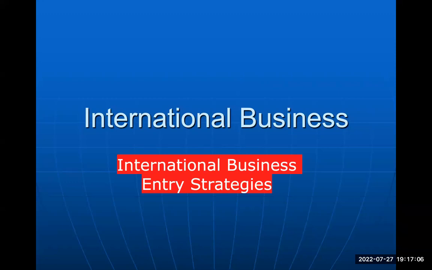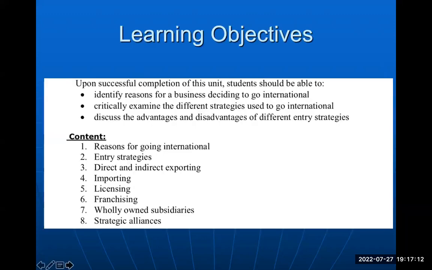All right, so today we're going to look at international business entry strategies. Before I go any further, I want to point out some of the learning objectives of this week. One, you should be able to identify reasons for a business deciding to go international.